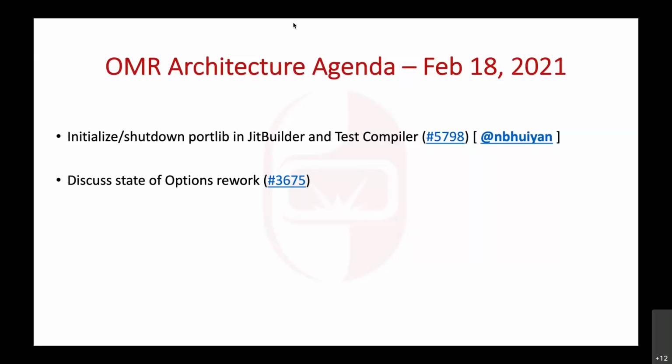It is useful for synthesizing tables of data that, not code, but data that the compiler would consume. So for example, things like the tree evaluator tables from all the opcodes, the value propagation table, the simplifier table.